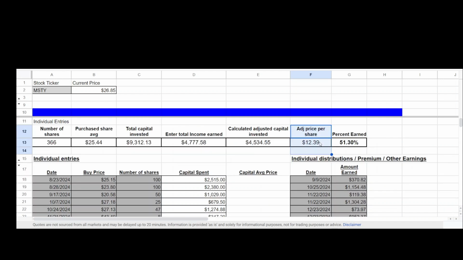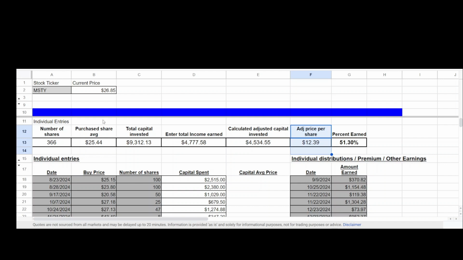It really helps me to understand where I'm at in each one of these YieldMax ETFs, because getting these distributions back and buying at odd times and everything else like that, it can get a little confusing, and you can get lost in knowing where you're at.